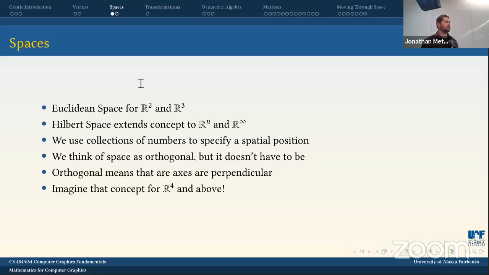We can actually have vectors in the same way that you have vectors that are orthogonal on a plane or in 3D space.